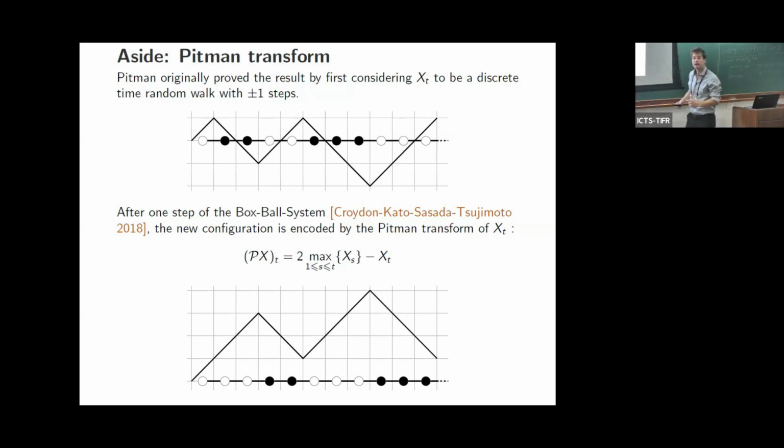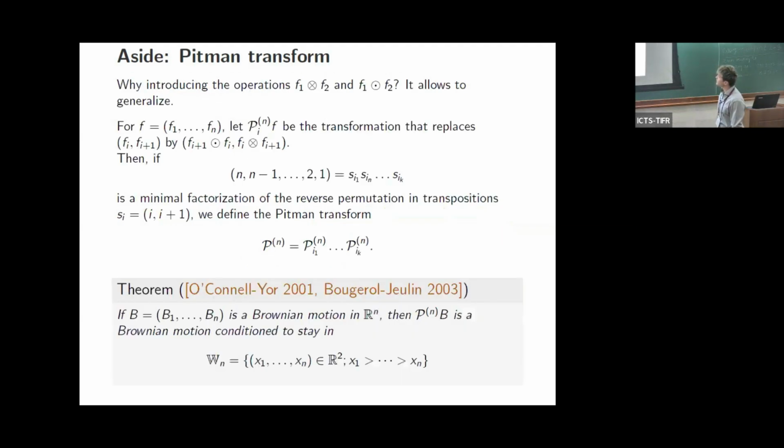And then it turns out that applying one discrete Pitman transform, so taking twice the maximum of xs minus xt, is equivalent to evolving your particle configuration using the box-ball system. I hope I evolved it correctly. I'm not a specialist of box-ball systems, but you can see the details in this paper. So the Pitman transform is also connected to box-ball systems. Now that was just an aside.